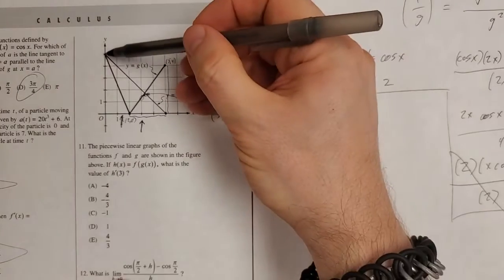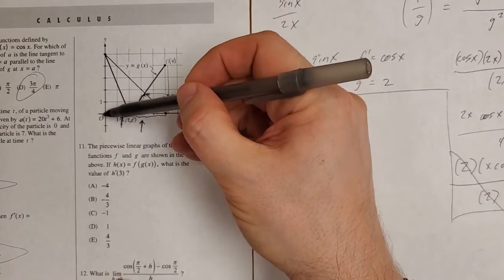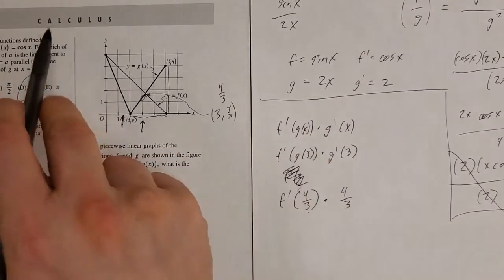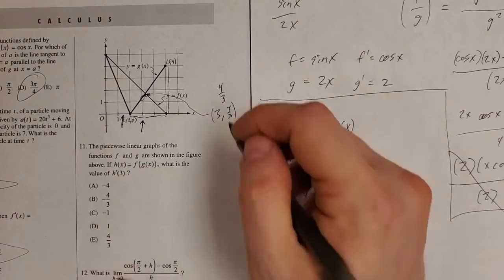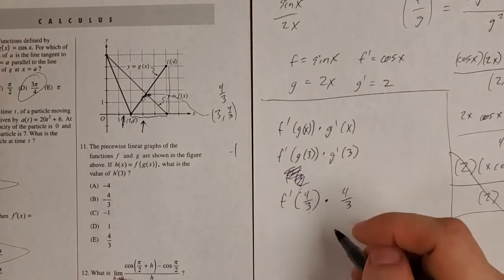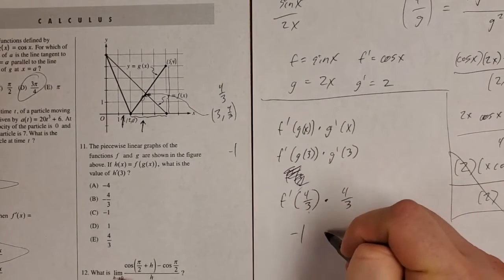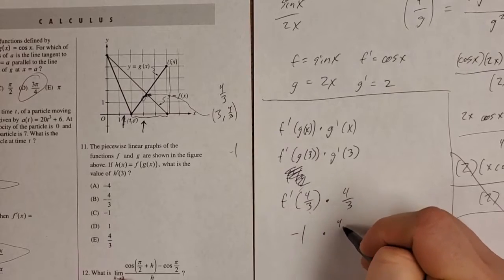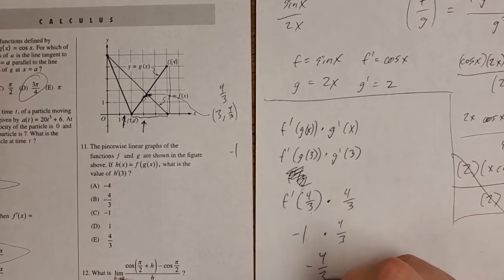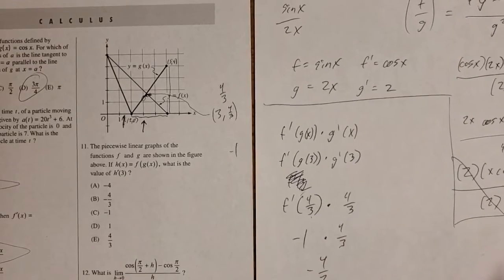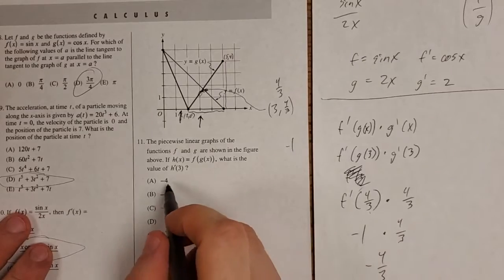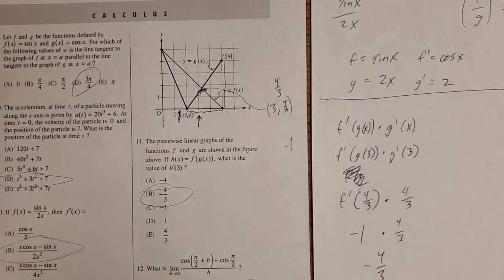And we can count 1, 2, 3, 4, 5, 1, 2, 3, 4, 5, and we can tell that it's just a slope of -1. So that turns this into -1 times 4/3, and that equals -4/3. So the answer here is going to be B.